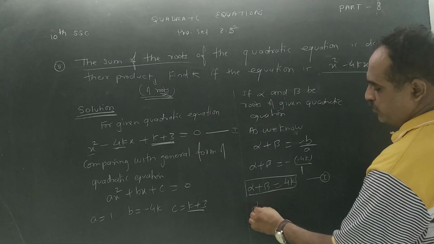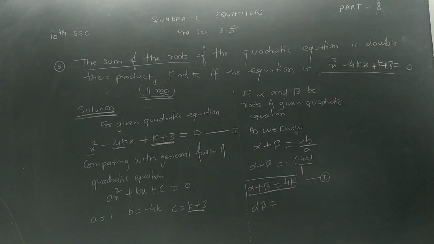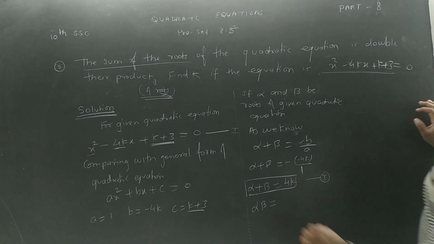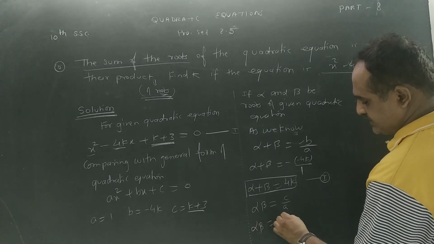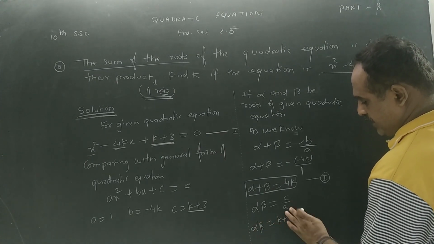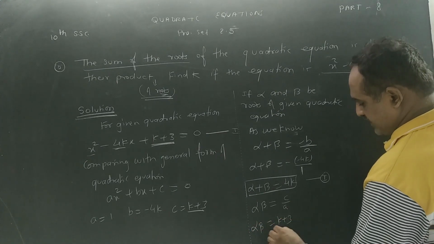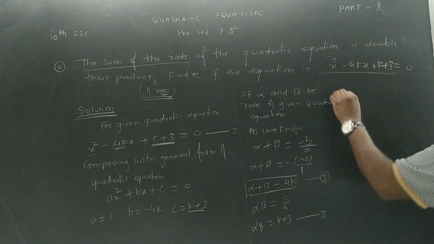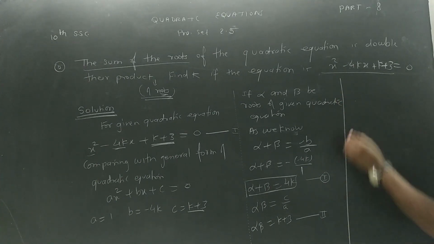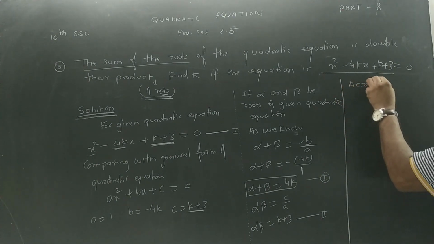And alpha into beta is equal to c upon a. So alpha into beta is equal to k plus 3 upon 1. Is it right? So this will become equation 2. Then what you are going to write is according to given condition.